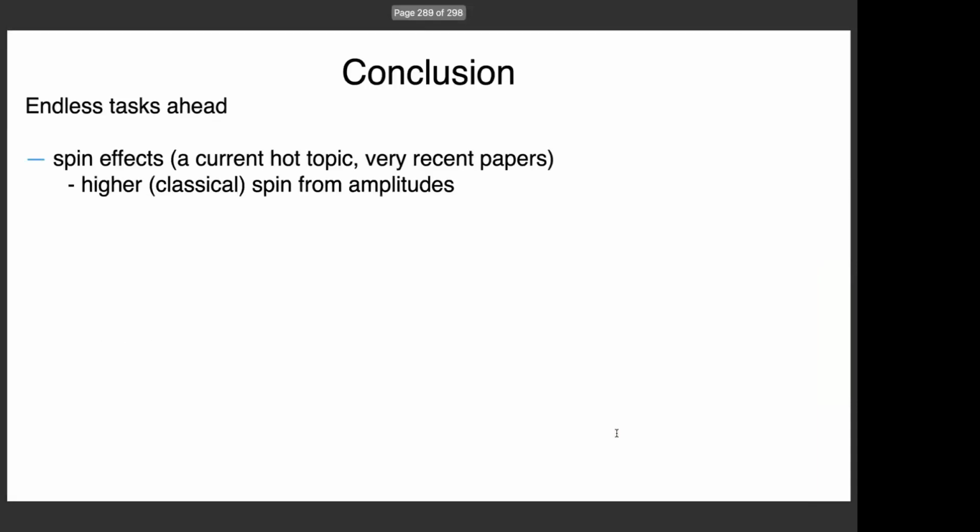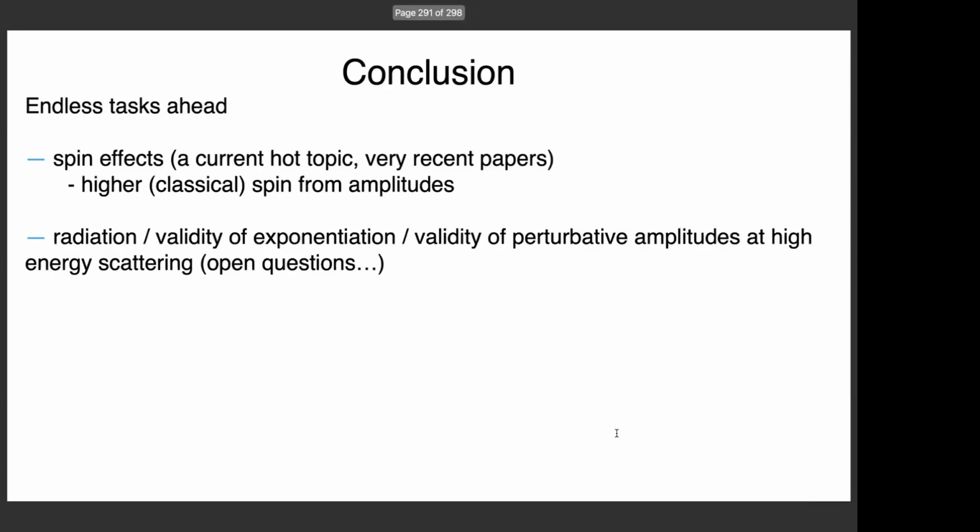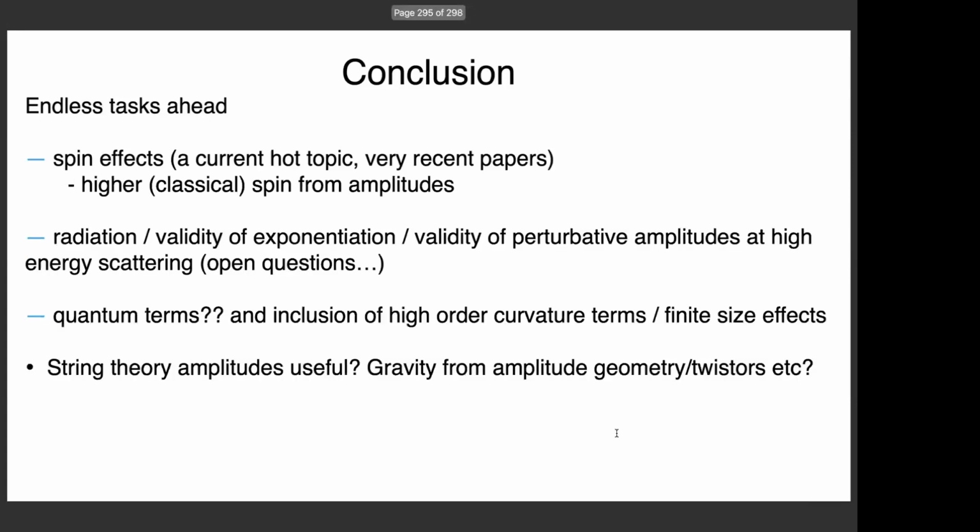So in conclusion, there's a number of tasks ahead. There's more data coming. There's future experiments. There's more precision. We know that black holes are most likely all having a spin. So having spin effects in play is a hot topic, and there's a number of recent papers.